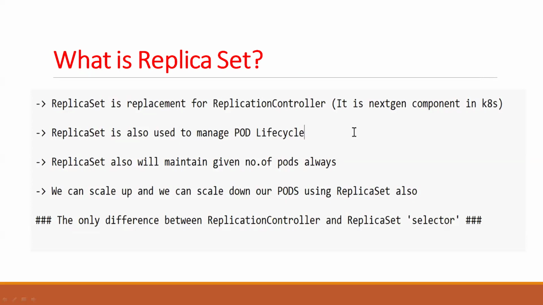The only difference between a replication controller and a replica set is the selector. Guys, there is no other difference: a replica set is a replacement for the replication controller, a next-gen component in Kubernetes, also used to manage the pod lifecycle and to maintain the given number of pods, and we can scale up and down with it too.